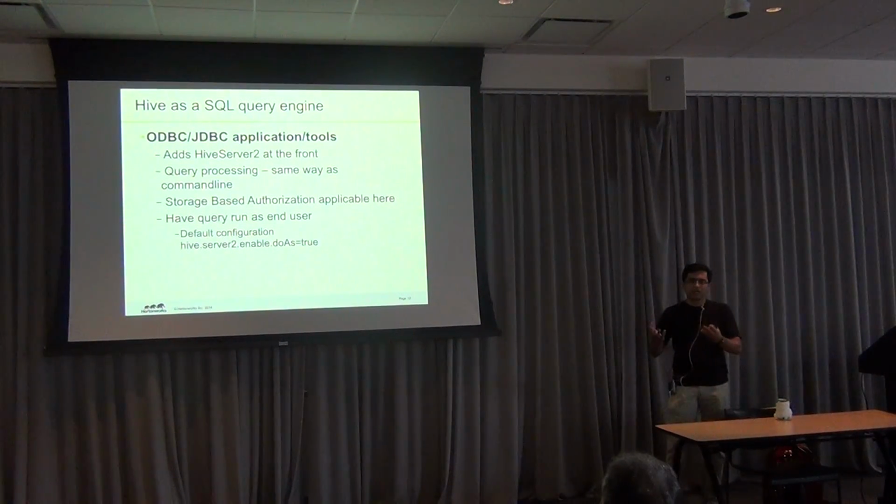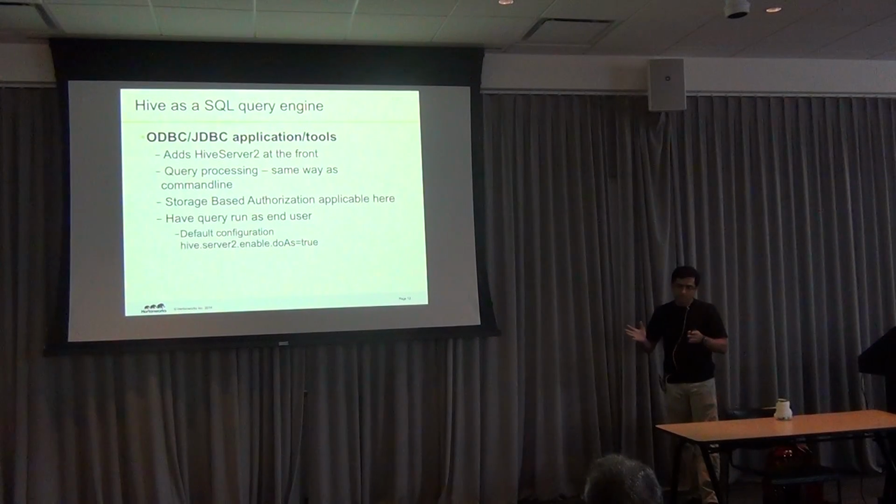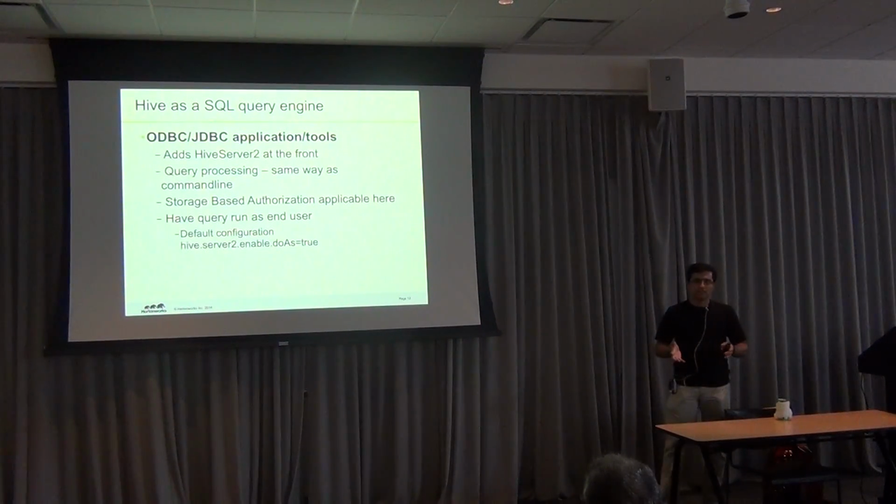The same query compilation and execution that happens in the Hive command line now happens in Hive Server 2. So this use case is also the same. The same components are relevant here, the metadata server and the data server. And so the same storage-based authorization is relevant here.